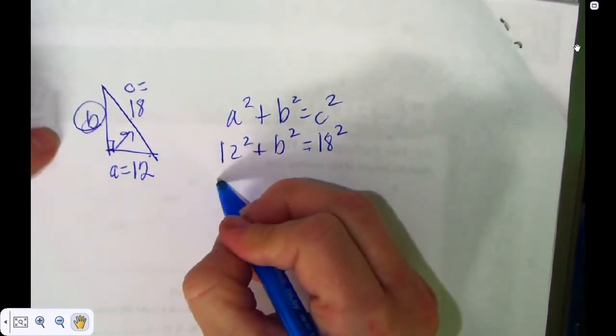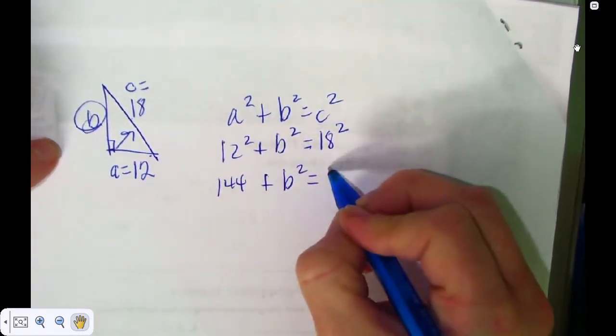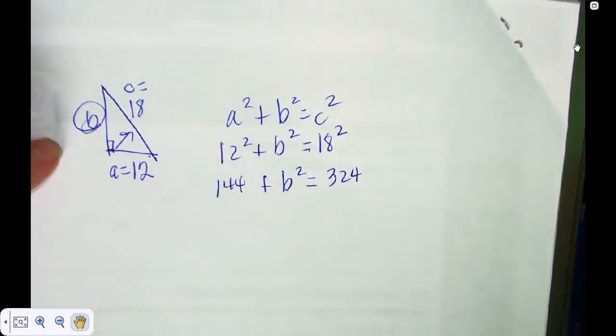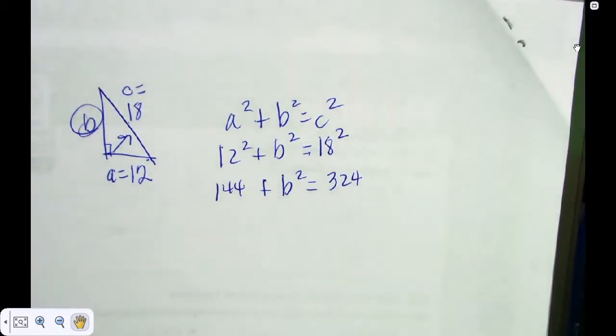Okay, next step. 144 plus B squared equals 324. Thank you, people that already had that. I love it. Here's where people start messing up, right here. They forgot how to solve a simple equation. What do I do right now?